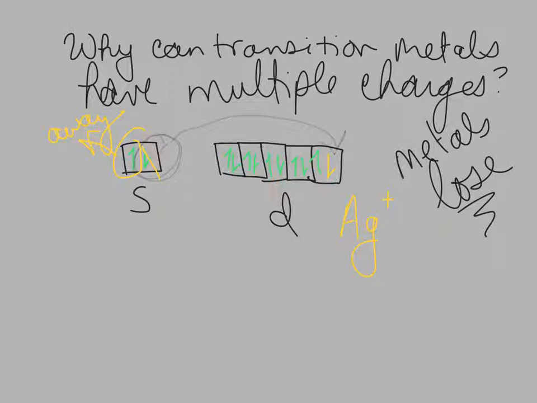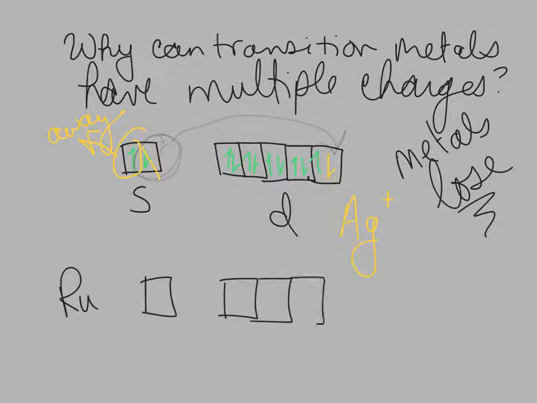An example where it might be half full, let's look at ruthenium, which is Ru. Okay, Ru has 2 electrons in the s, and then it has 6 in the d.